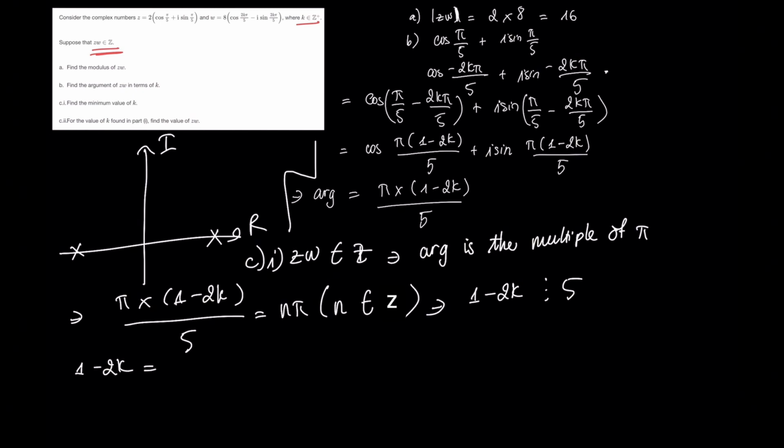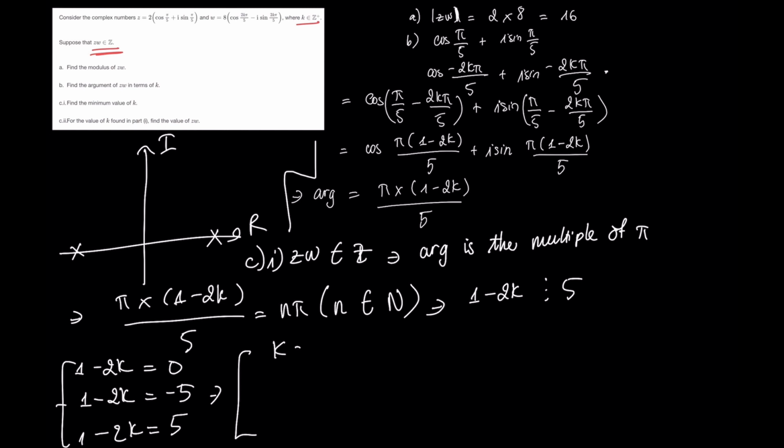From here you can test out a few options, like 1 minus 2k is equal to 0, or 1 minus 2k is equal to minus 5, or 1 minus 2k is equal to 5. We're trying to keep it as low as possible, since we're trying to find the minimum value of k. And so we can test if the answers are right for each option.